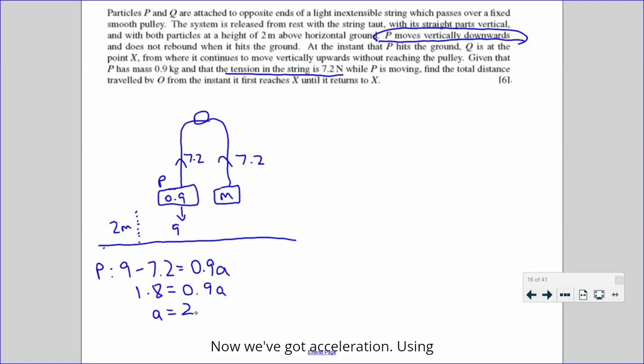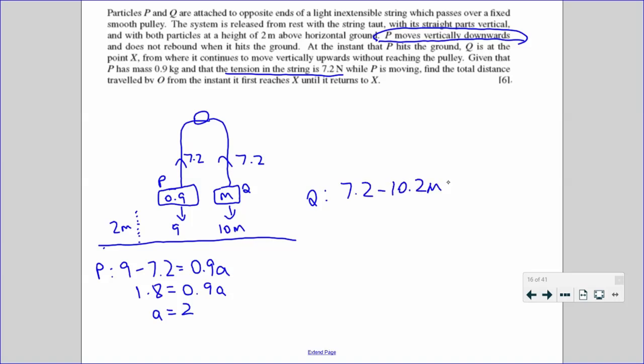Now we've got acceleration. Using acceleration, you can actually find out the mass of particle Q. Now the weight is 10 times the mass, so 10m. Q will go up, right? So up minus down equals ma. Now we know that acceleration is 2, so we can replace this with 2.